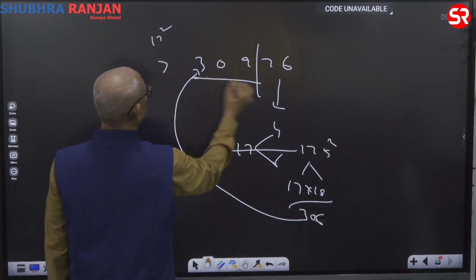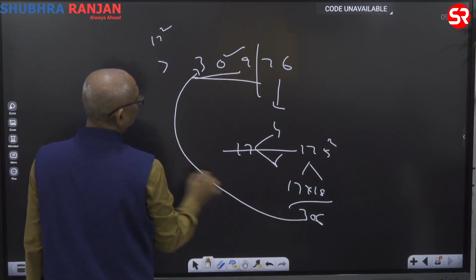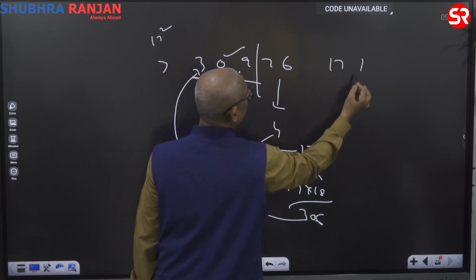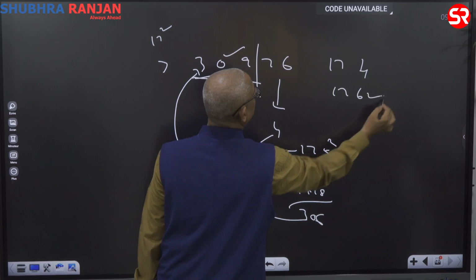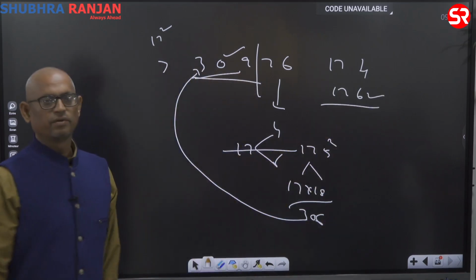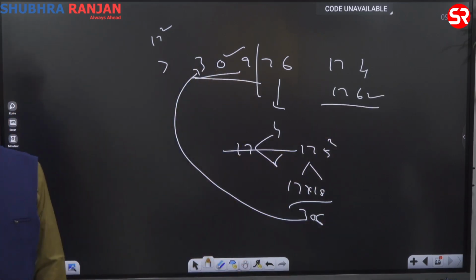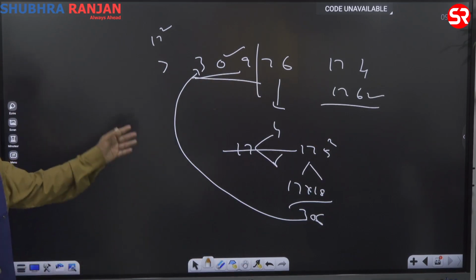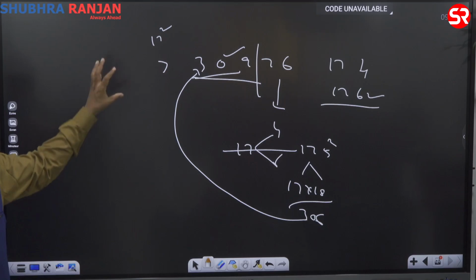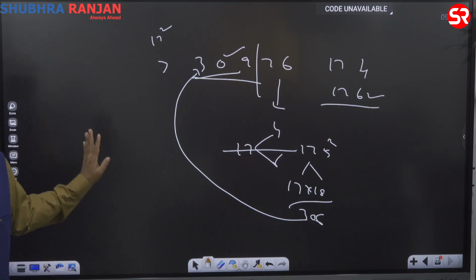So greater than 306, so the answer needs to be 174 or 176. We will consider 176. That's all. Without pen and paper also we can do. It's not a problem. This is the process we have to do within ourselves. Just imagine and do. Got it? Everyone okay with this? Comfortable? Shall I move to the next slide?